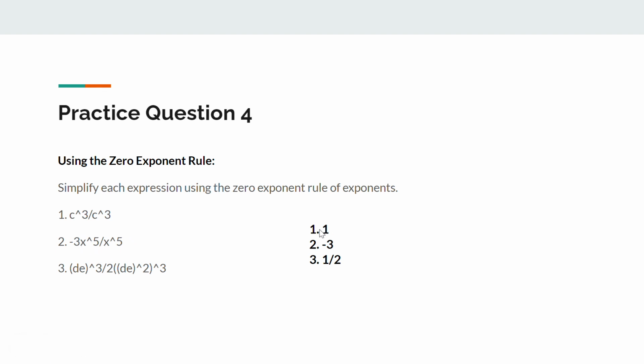And for the third one, we got 1/2, since it's de cubed over 2 de. Wait, I think I made a mistake here. There isn't supposed to be a square here, but anyway, if we just ignore this square, then we get 1/2.